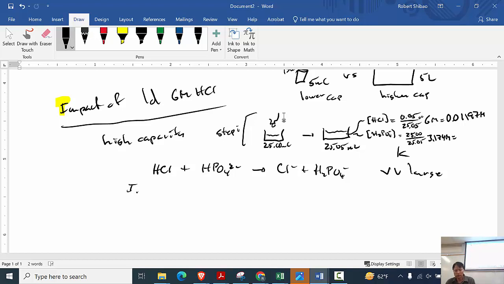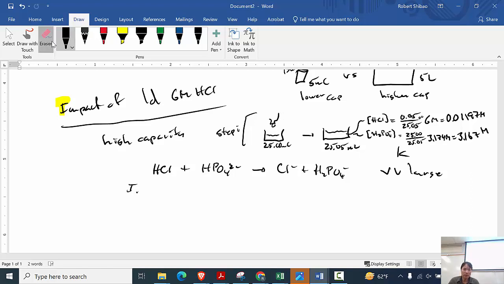So I'll do a 25 over 25.05 dilution of 3.174. This comes out to 3.167 molar. So it didn't change much, really.